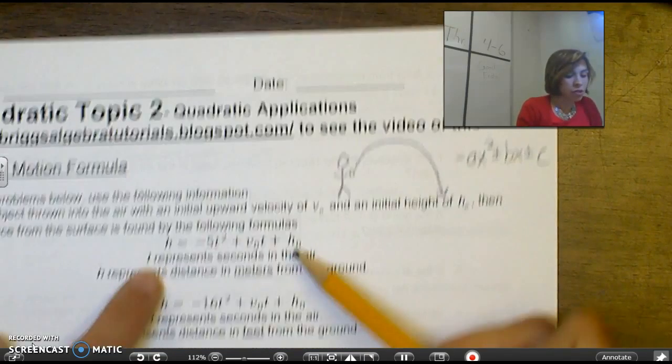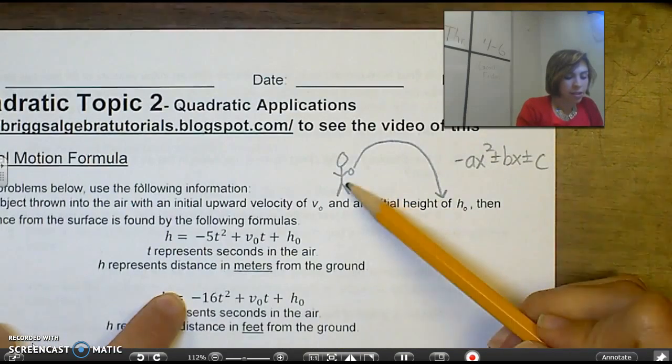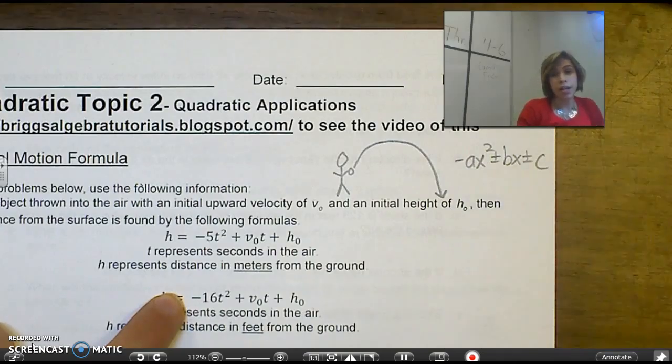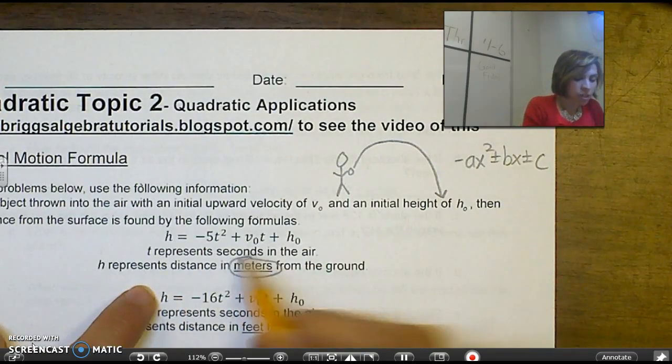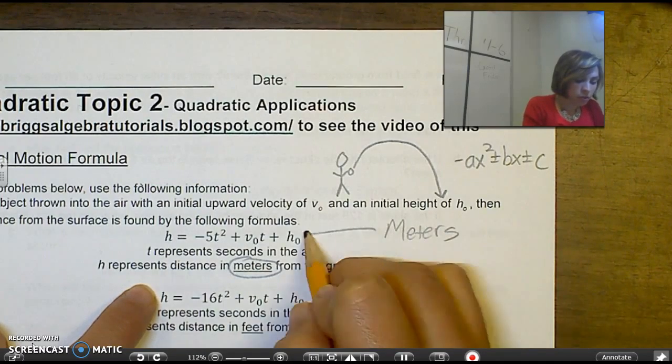And we have two equations that have negative A values because, like I said, the motion of throwing a ball in the air and then it falling to the ground is going to be a negative quadratic equation. So we have two because one is for meters and one is for feet.